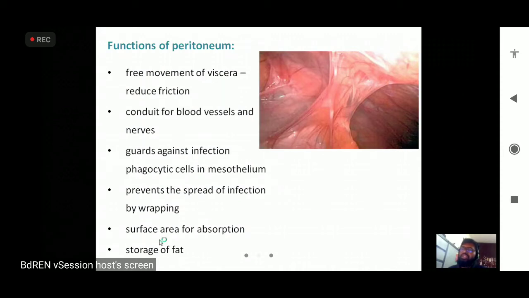Another is peritoneal dialysis, because the peritoneum is also a huge surface, and it absorbs many things, and the excreta, that is, the metabolic waste materials, are not allowed to be absorbed.